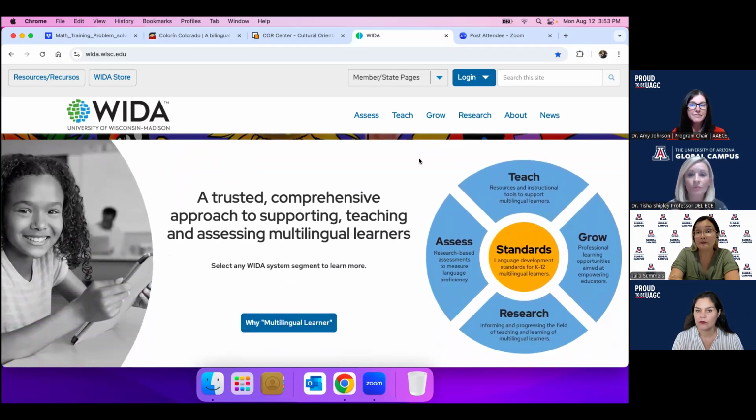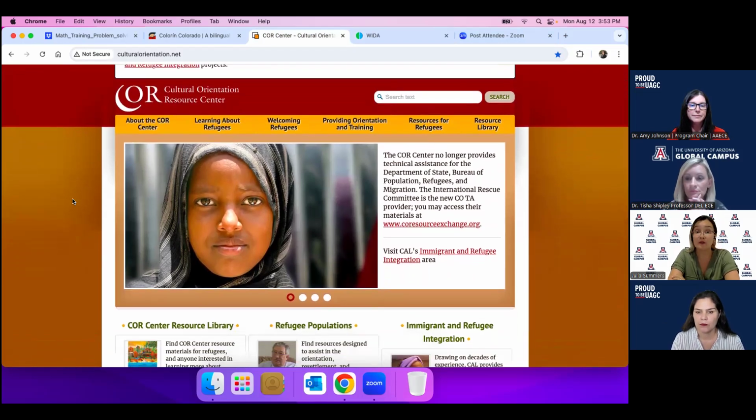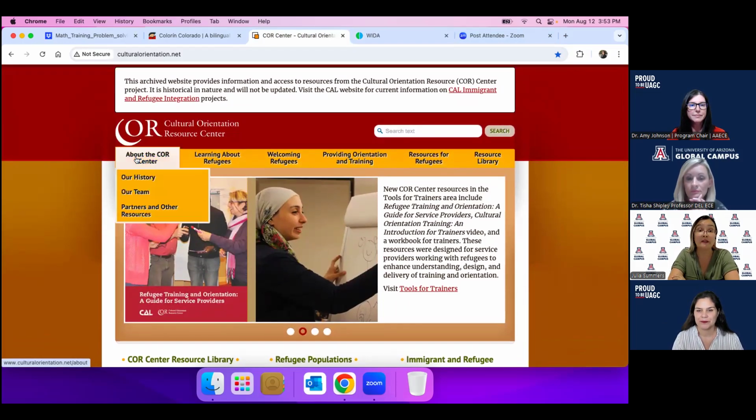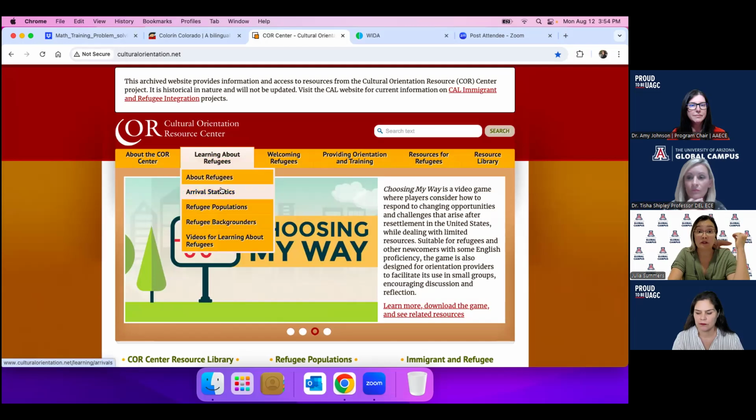And another website that I've used, if you have, let's say, a refugee population and you just don't know where to find resources, is the Cultural Orientation Resource Center. There is a lot of information about refugees, like statistics.